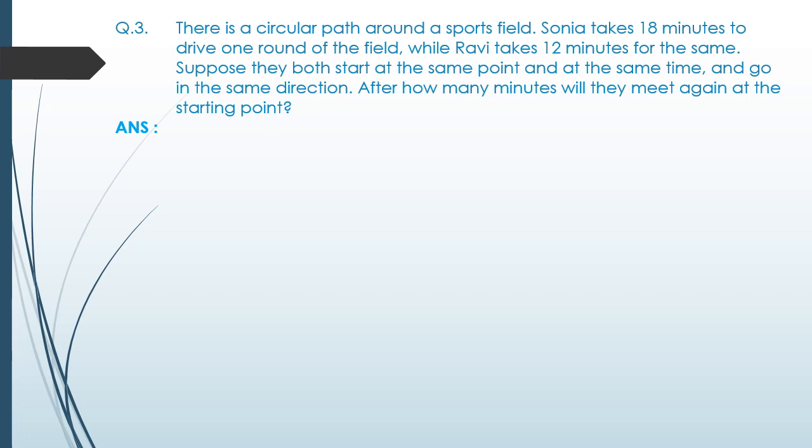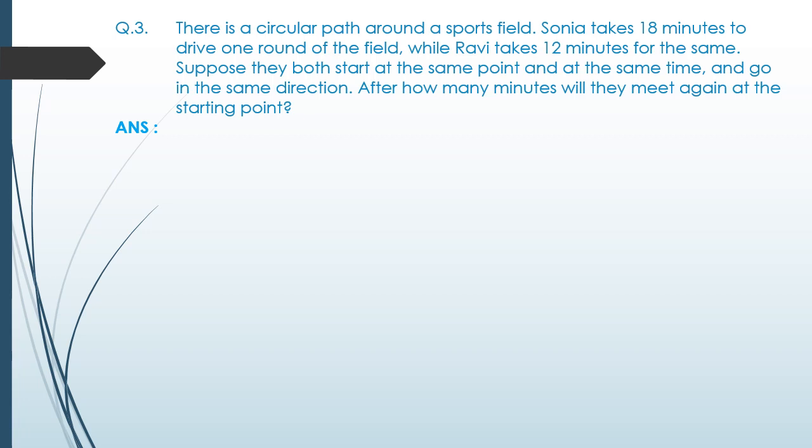So definitely the time they are going to take will not be less than the time they take for completing one round. So it is not possible that they'll be meeting in 1 minute or 2 minutes or 5 minutes. Getting it? So definitely the answer of this question will be greater than the given numbers. Okay, so I hope you understood how exactly we are going to use the concept.